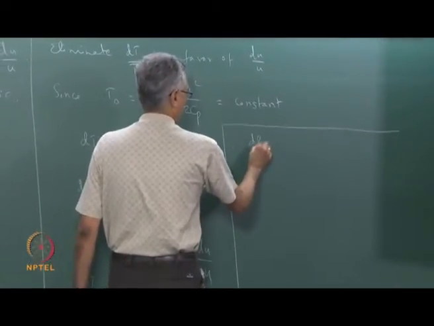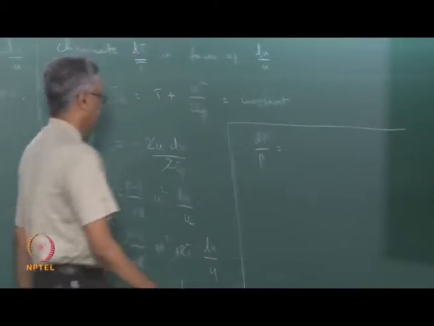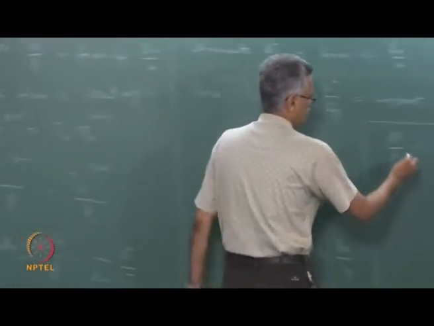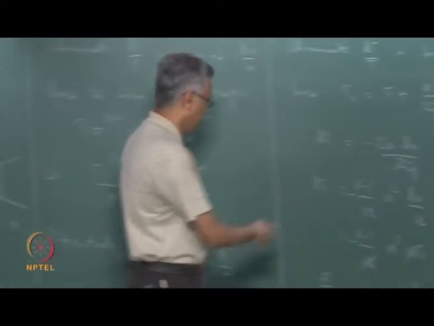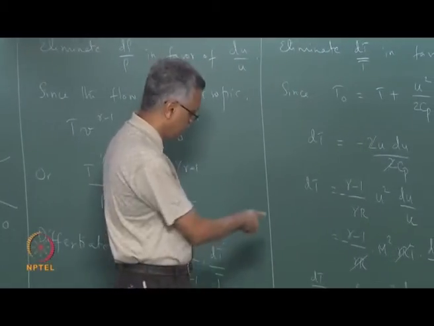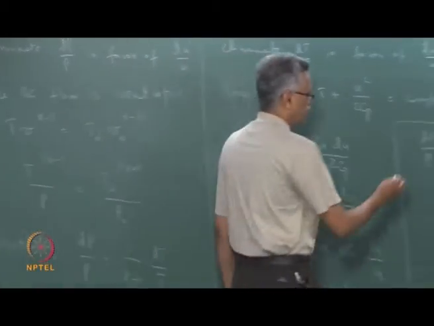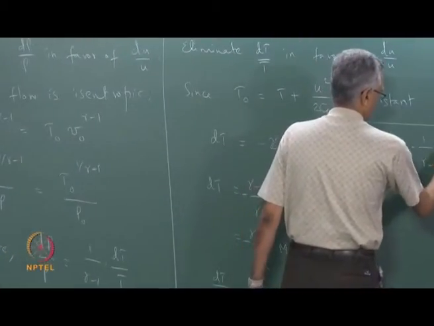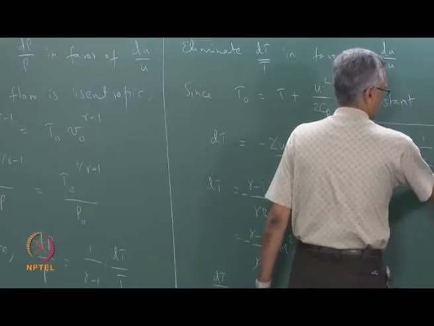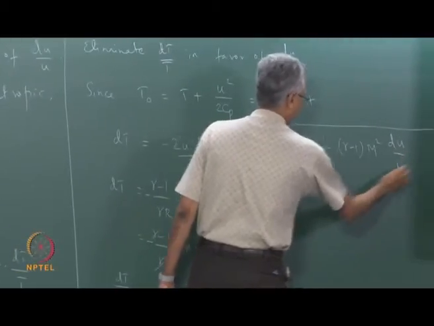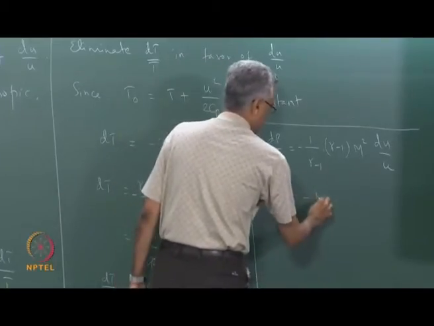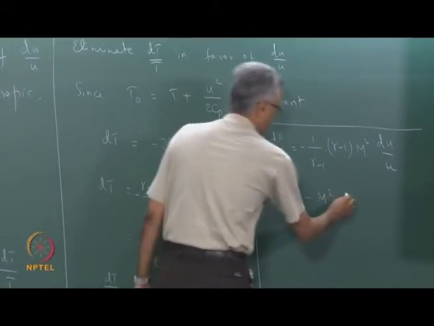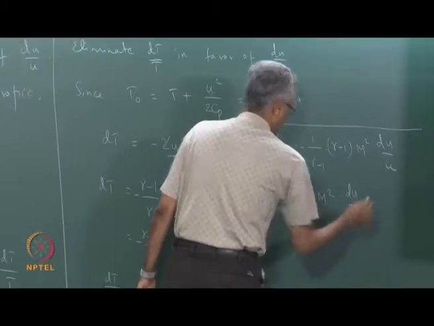So, therefore, d rho over rho is equal to 1 over gamma minus 1 times dT over T, but dT over T itself is equal to minus gamma minus 1 times M square times du over u. So, we can say that d rho over rho is equal to minus M square times du over u.